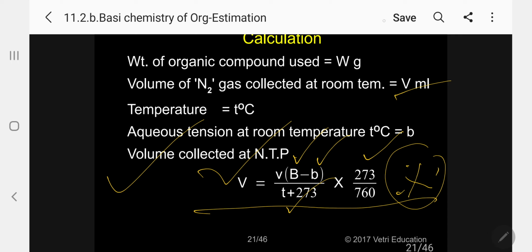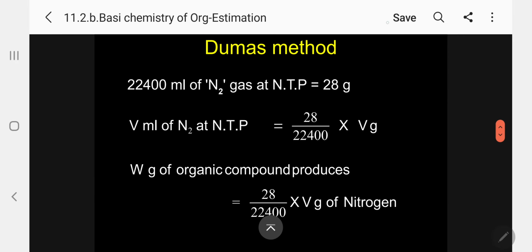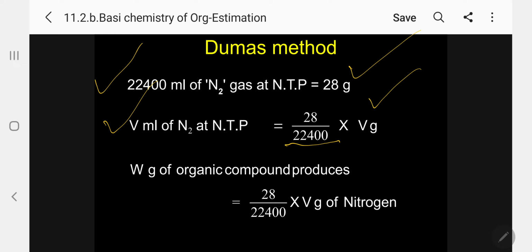So once you have the volume at NTP, we can do the calculation by Dumas method. We know for any gas, 22,400 mL at NTP corresponds to the molar mass, in this case N2, 28 grams. But we know V mL at NTP, so 28 by 22,400 into V will give the grams of nitrogen. So W grams of organic compound produces so much quantity of nitrogen.